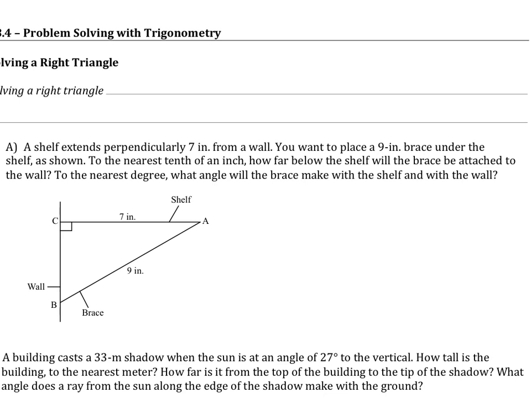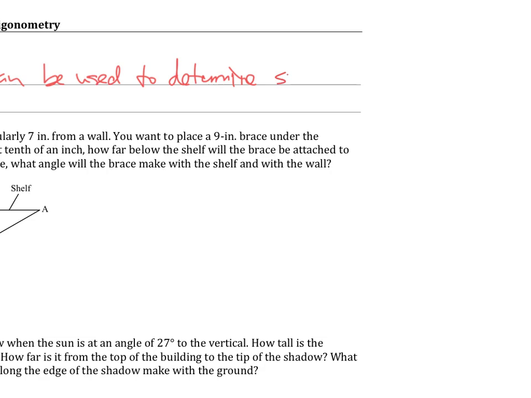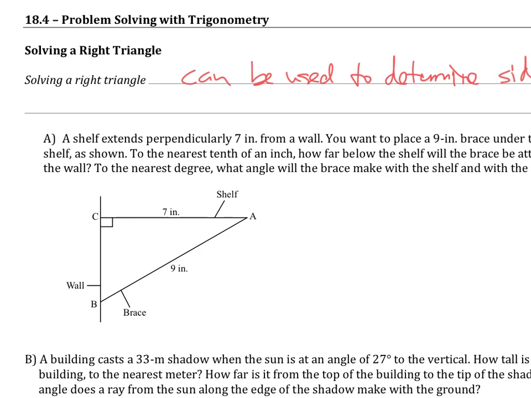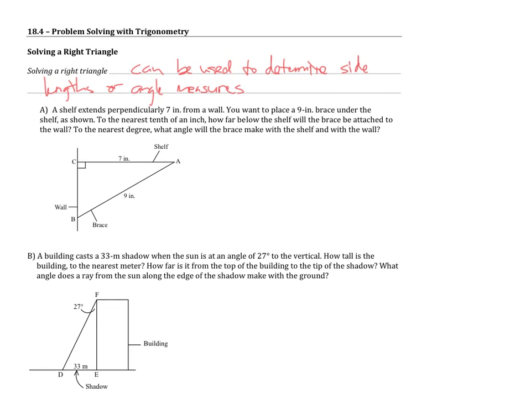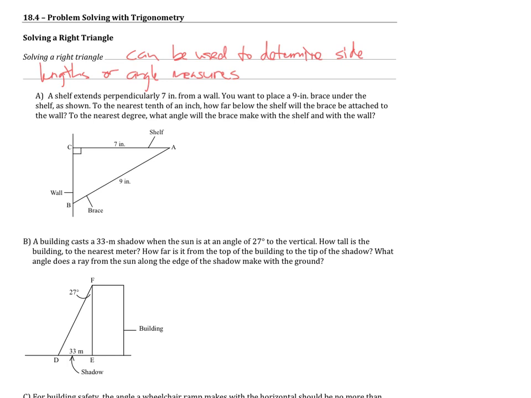Solving a right triangle can be used to determine side lengths or angle measures in lots of different situations. And so this section is just simply how do we apply what we know to these different situations.